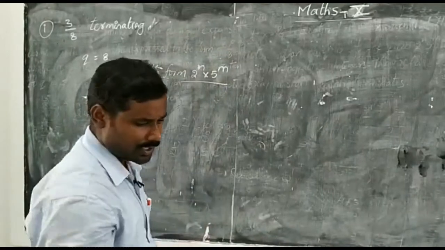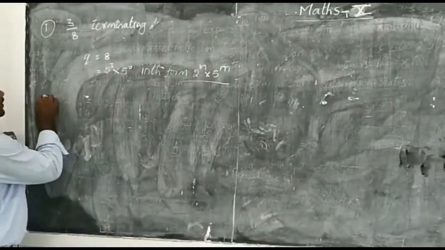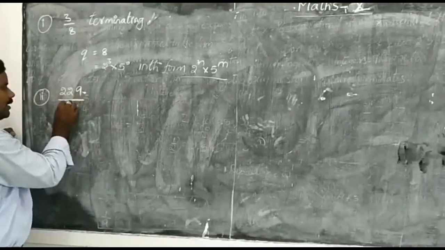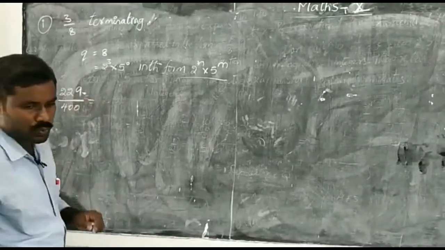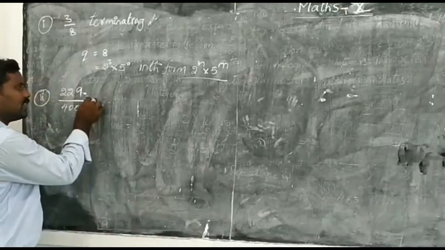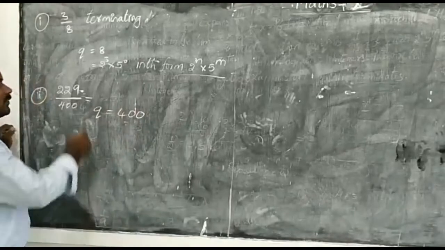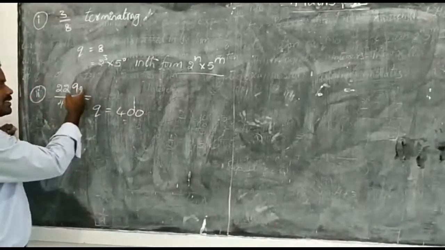Now we are going to one more example, the second one: 229 by 400. Just take the denominator, which is 400. If there is any cancellation, first I have to cancel, but 229 is a prime number.